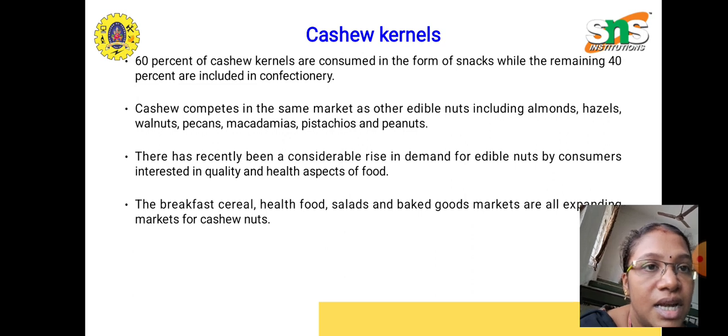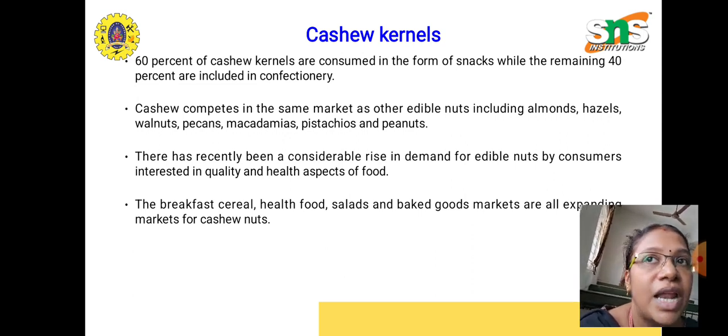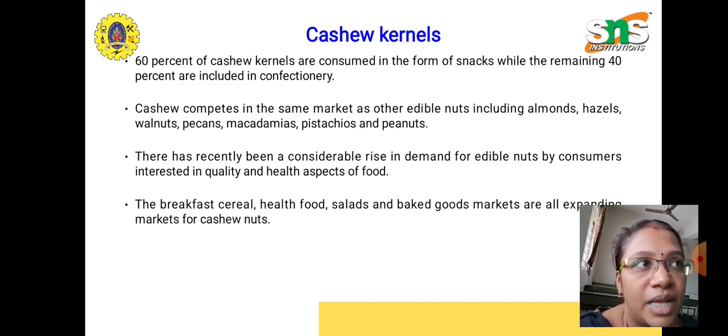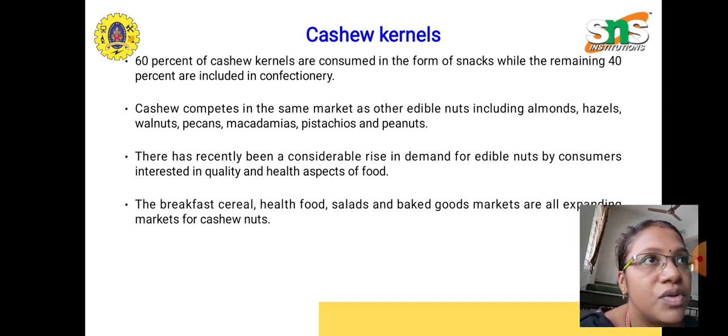There has recently been a considerable rise in the demand for edible nuts by consumers interested in quality and the health aspect. Nowadays people are consuming more of these edible nuts because they are getting more awareness, and with busy schedules they do not find time.